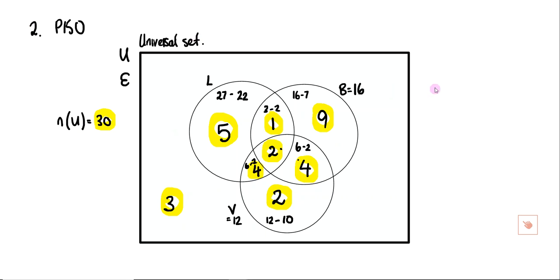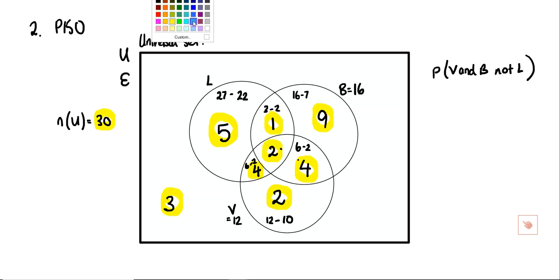Calculate the probability that a child selected at random plays volleyball and basketball but not lacrosse. Volleyball and basketball, not lacrosse. So which region are we going to consider?